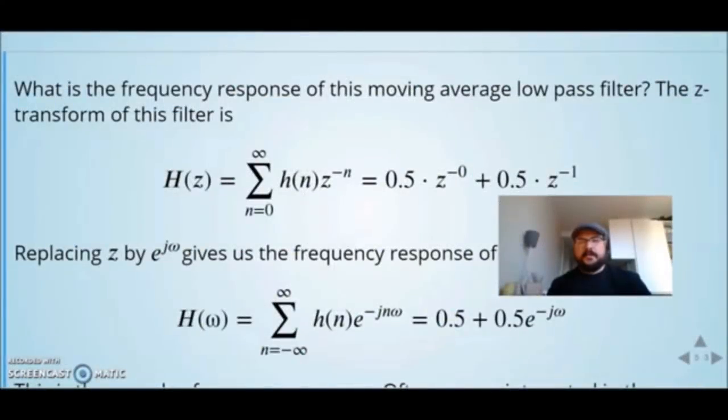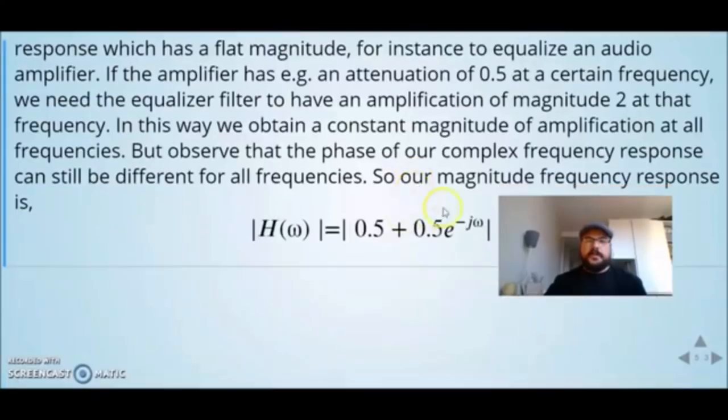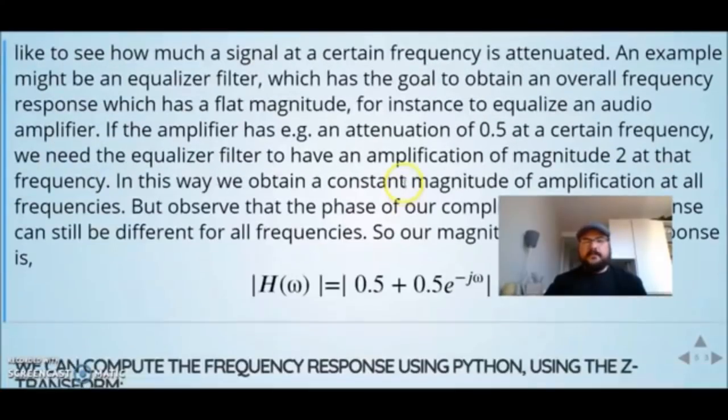So let's go back to the frequency response. So the Z transform of this moving average low pass filter is given here. So when we replace Z by e to the power of j omega, we will have this thing here. And usually we're interested in a magnitude and phase of the frequency response. So we can take the magnitude operation here and the phase.